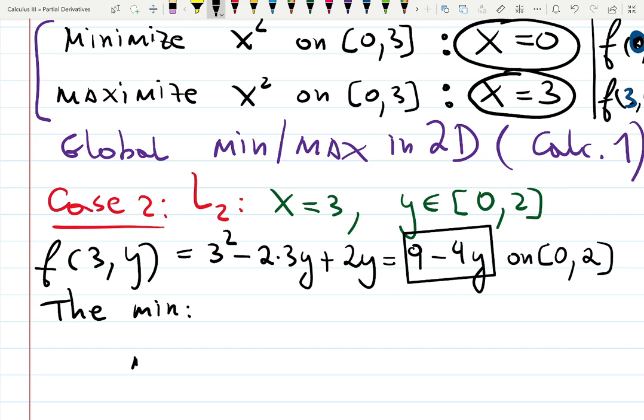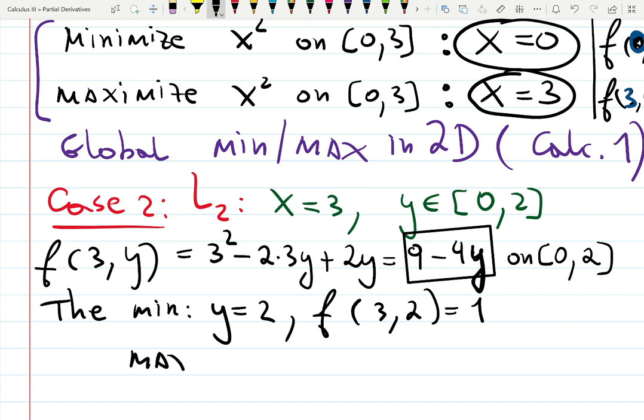At y equals 2, it will give you the largest input with a negative sign. That's the smallest output, right? Does that make sense? Yeah. So y equals 2 gives you the minimum. And then f of 3, 2 is the output for that minimum.